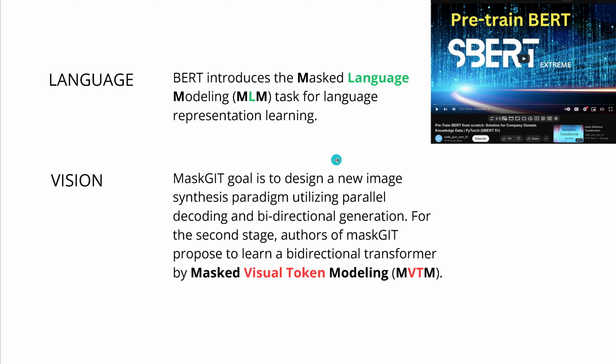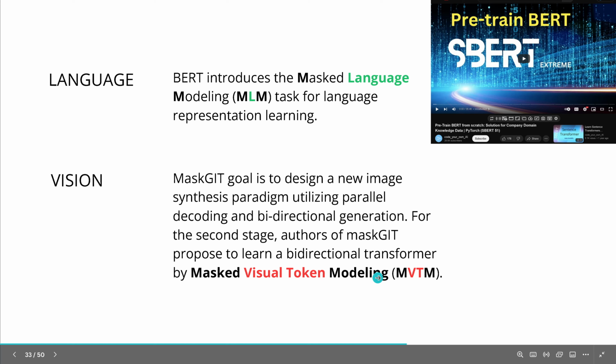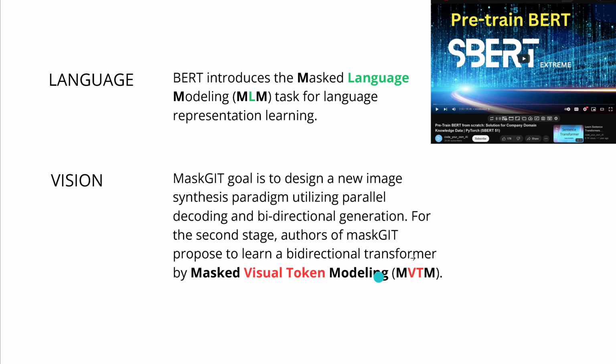And now, instead of the masked language modeling, we use an identical tool, the masked visual token modeling. So you see, this is why the token and the tokenization is so important, and why I started with the tokenizer, because you build or break your system with the right visual tokenization system.